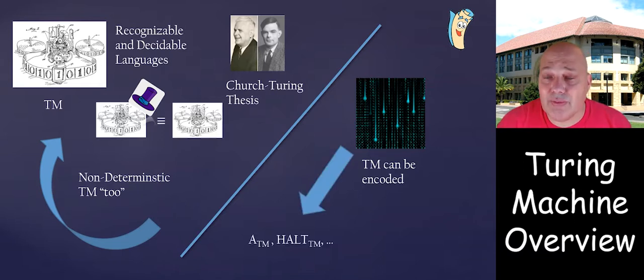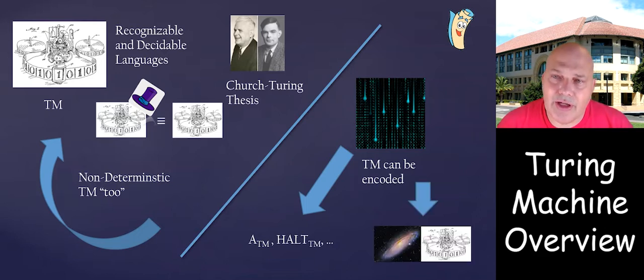One is that we can start discussing computational problems about computation, about Turing machines. We can have a Turing machine that gets as input a description of another Turing machine, and we can ask if that input Turing machine, for example, halts on a particular input.